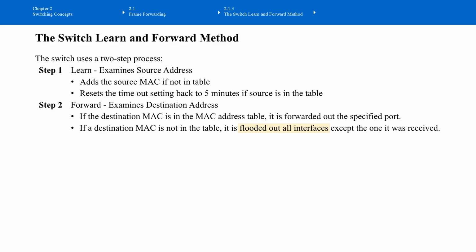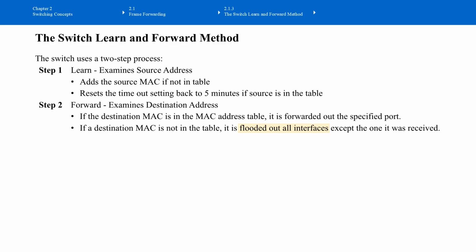The switch uses a two-step process to learn and forward packets. Step 1, learn. Examine the source address and add the source MAC if it's not in the table, and reset the timeout setting back to 5 minutes if the source is in the table. In other words, by default, the switch will refresh the learned connectivity every 5 minutes. Step 2, forward.